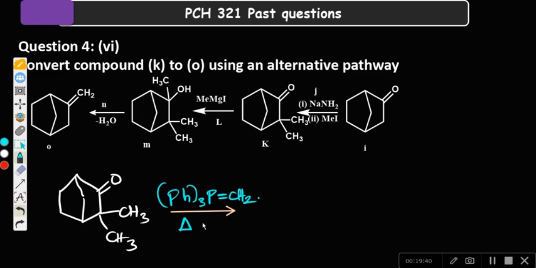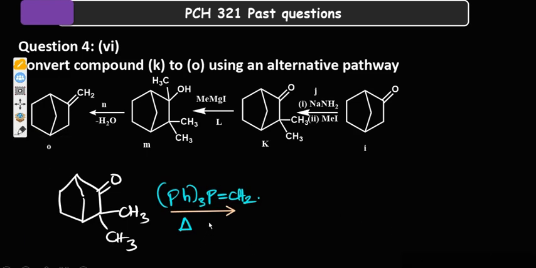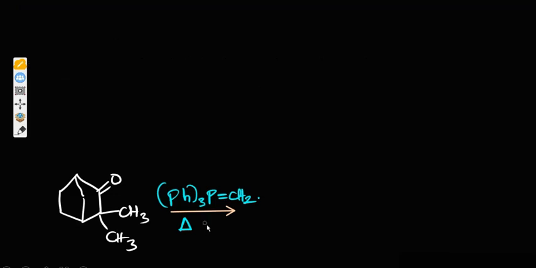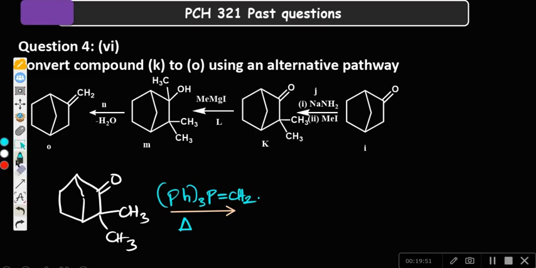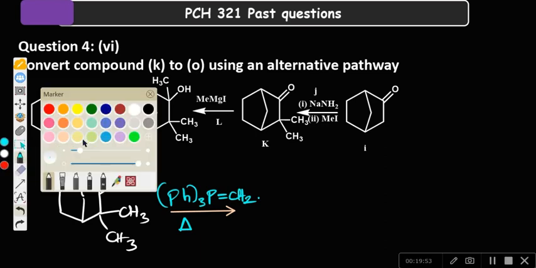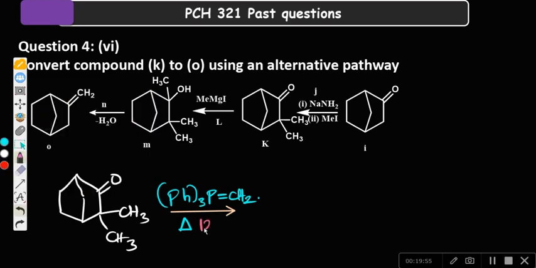All right, there is a particular number of hours that they actually give, heat for 12 hours. It mustn't really be 12 hours, maybe 10 hours, but I'm going to use the 12 hours.